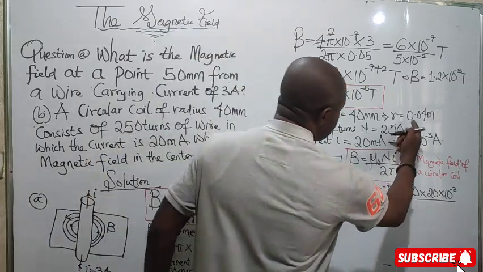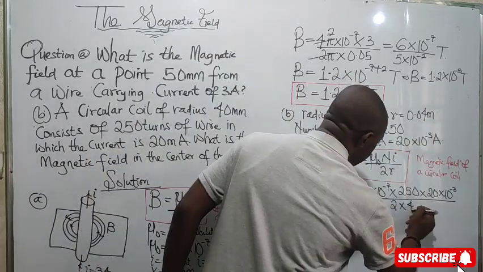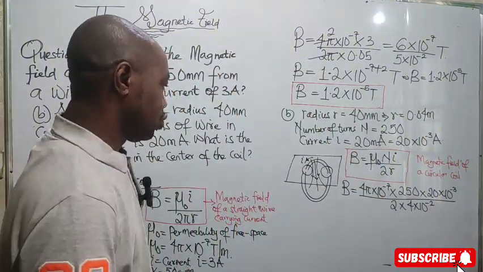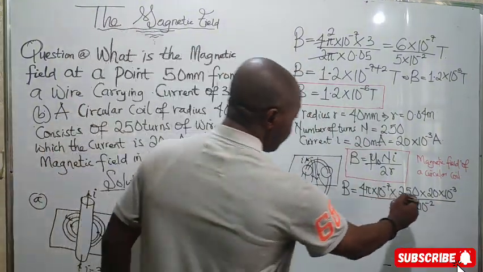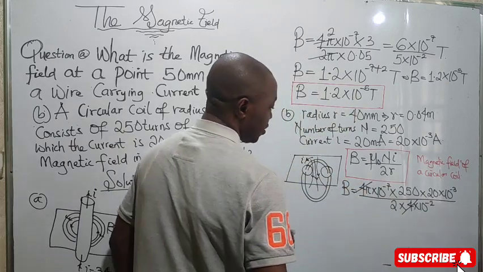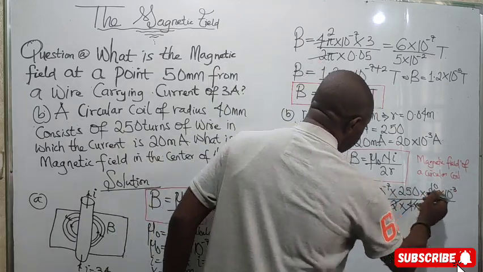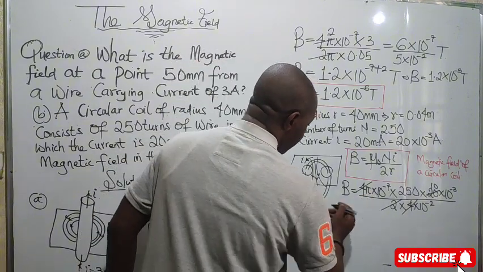The radius is 0.04, which we can write as 4 times 10 raised to the power of minus 2. So we cancel this. Now, 2 out of 20, that will be 10.